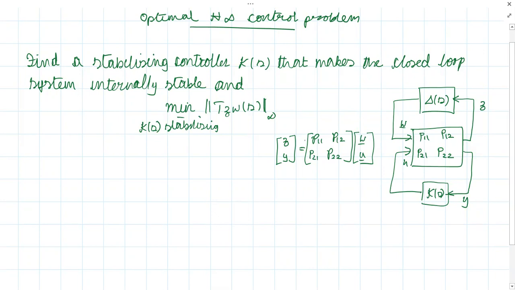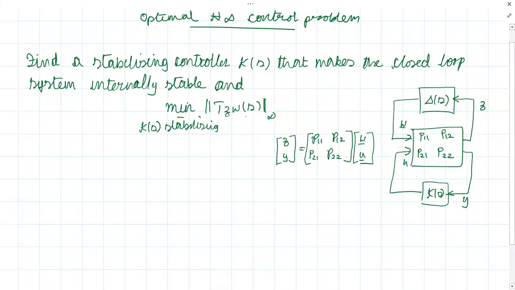How will you find it? You have to put U equal to 0 and find the transfer function between Z and W. You would have got P11. So that infinity norm has to be minimized. You need to find a stabilizing controller that makes the closed loop system internally stable and minimizes the infinity norm.